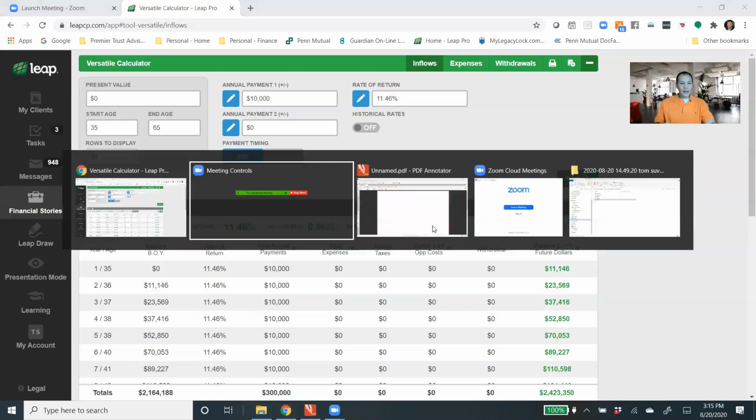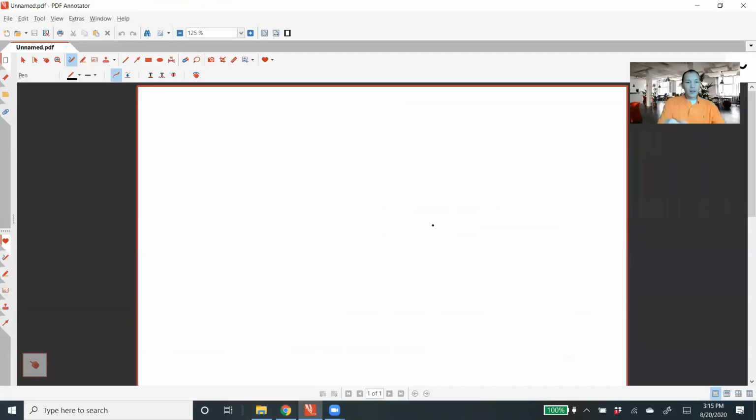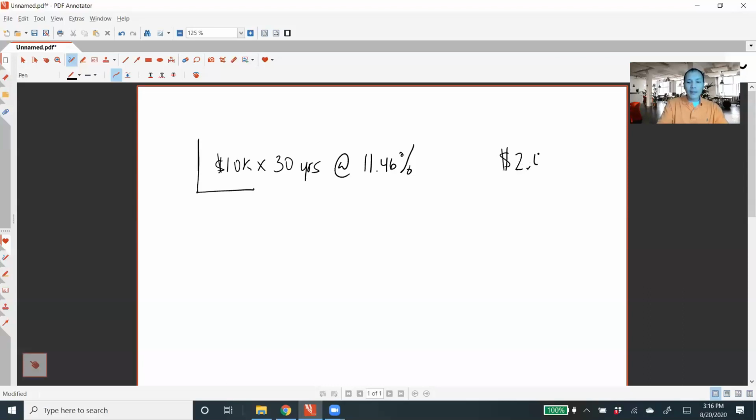So let's just document that and say from the start, you have $10,000 over 30 years at 11.46%. Let's just call it an even 2.4 million.